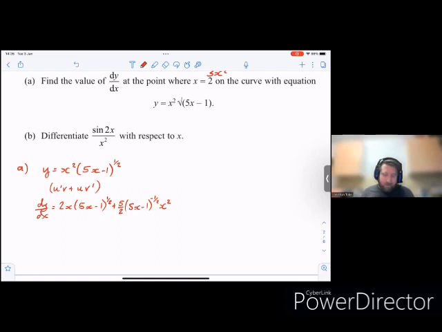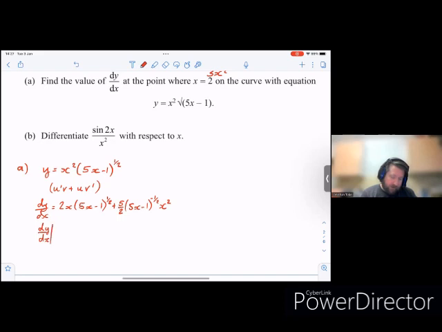Right, so one thing we could do here is simplify by factorizing, but rather than doing that, because we want to find it at a certain point, let's just sub 2 in now.